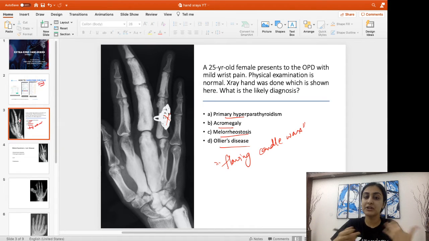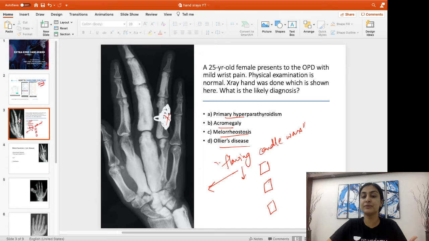Remember, this particular appearance has been used in three places in radiology. One is this particular entity where you are seeing this flowing ossification through the bone. The other entity where you see flowing ossification along the anterior aspect of the vertebral body, something that was very recently tested in the AIIMS paper, is the ossification of the anterior longitudinal ligament.